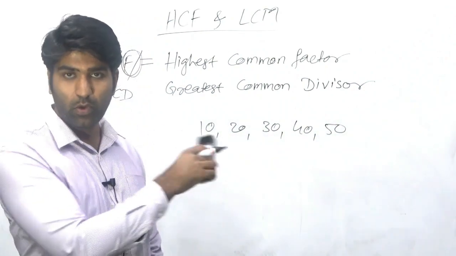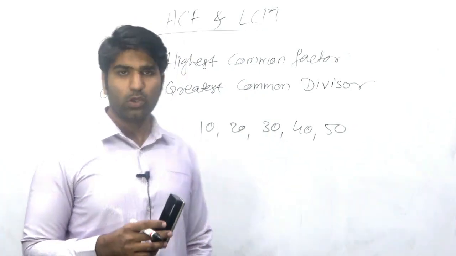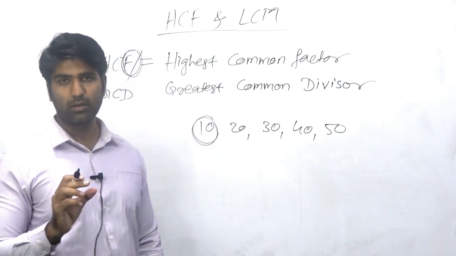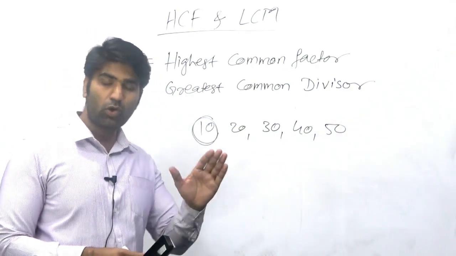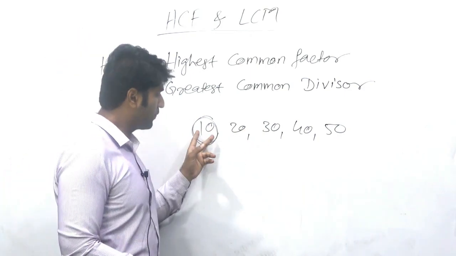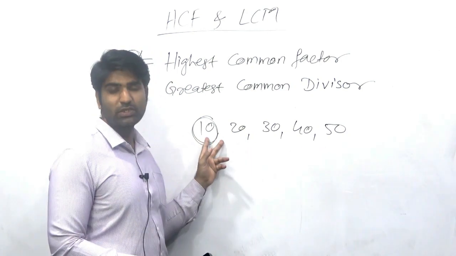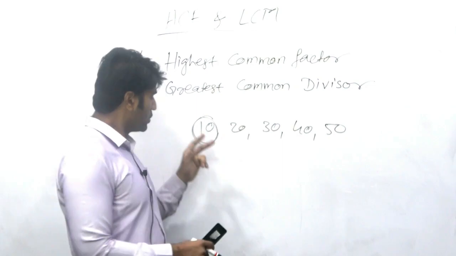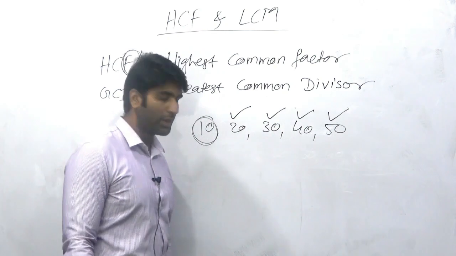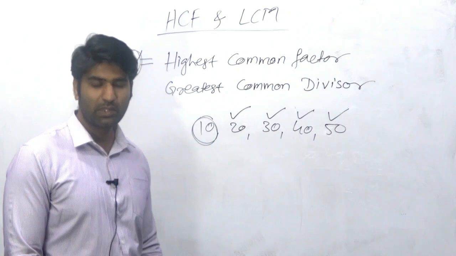Always check the least number, because HCF is always less than or equal to the least number. If it can divide all the numbers, then we can say that this is the HCF. So 10 can divide 20, 30, 40 and 50 as well. Therefore 10 is their HCF, and we have seen it in the last example.